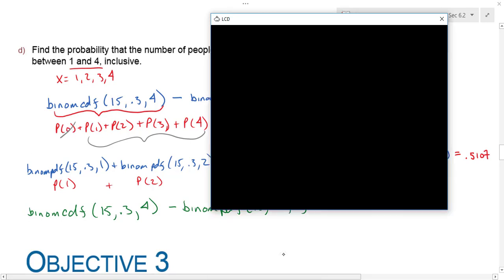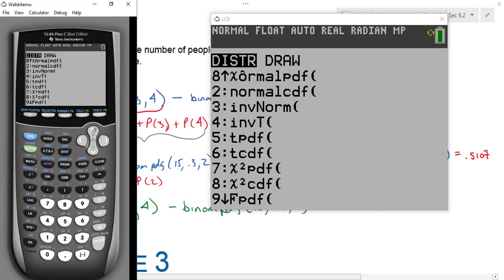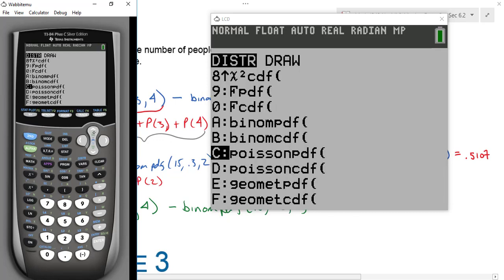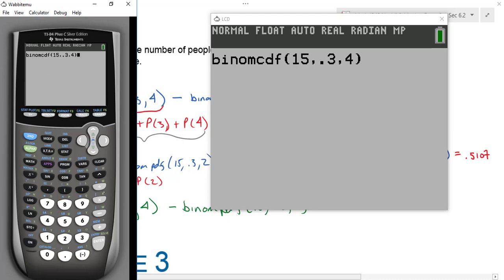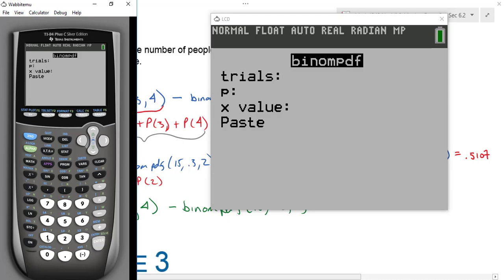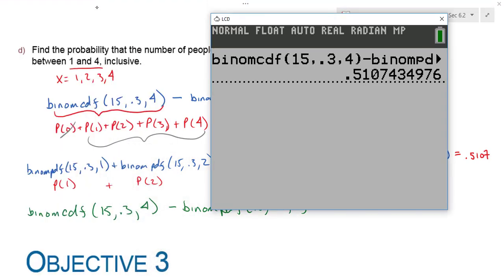So let's go through and do this on our calculator. I'm just going to do the second one, the binomial CDF, 15, .3 and 4, minus the binomial PDF with 15, .3 and 0. And we get the 0.5017 that you got before.